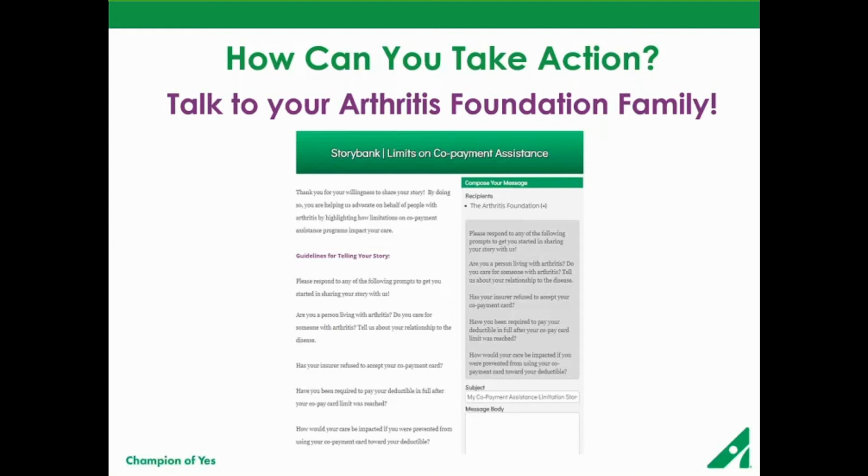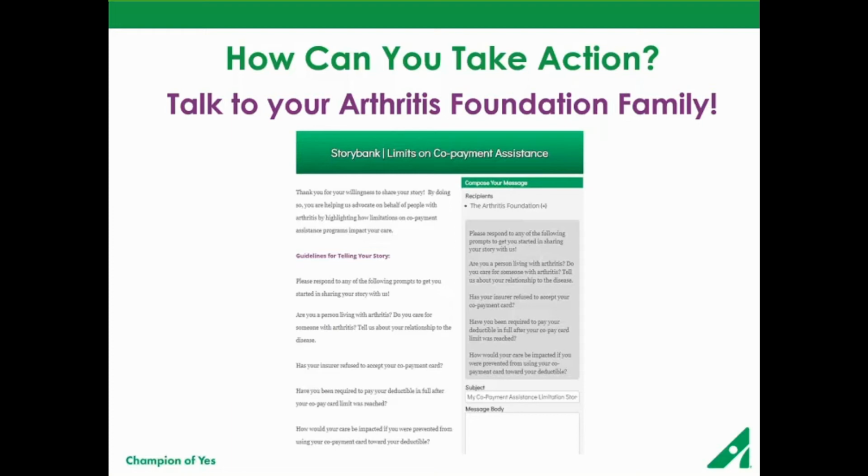And the reason that it is so important is that we directly will look at your story and collect many of our arthritis community stories so that we can direct our advocacy apps and we can make sure that your voices are being heard so that they truly are at the center of those decisions, so that the patient perspective is truly there.